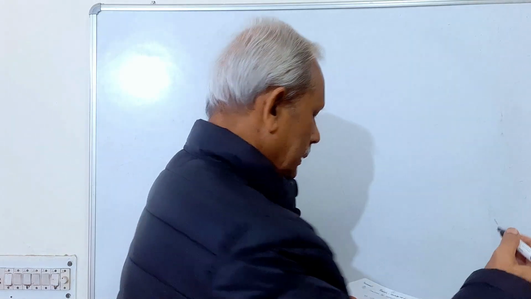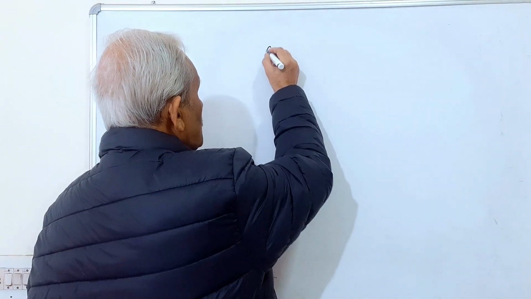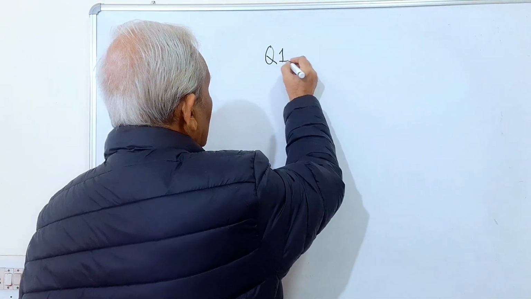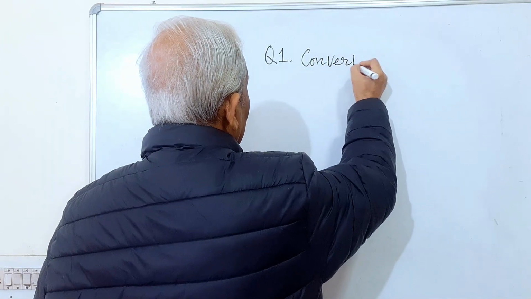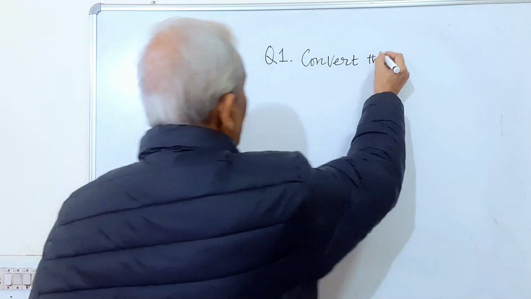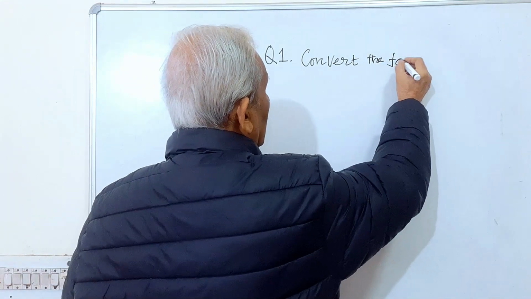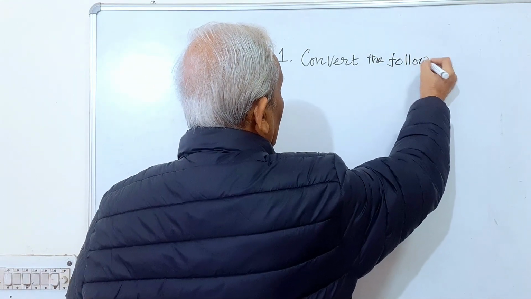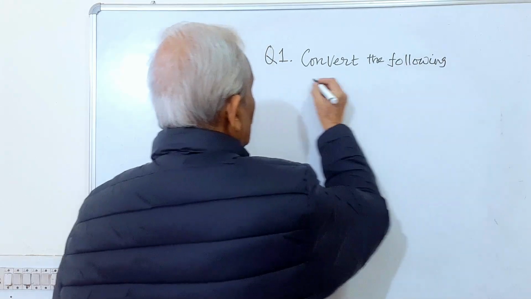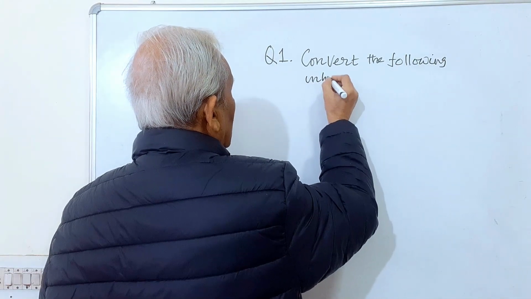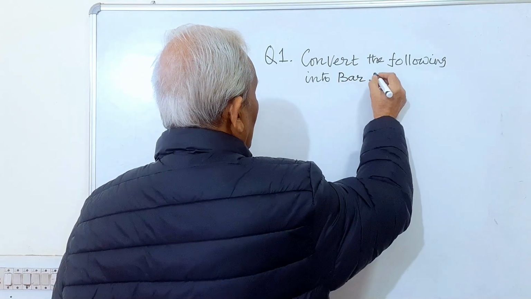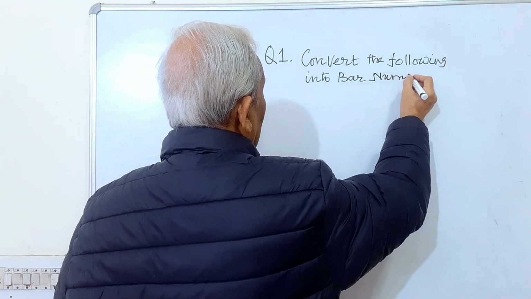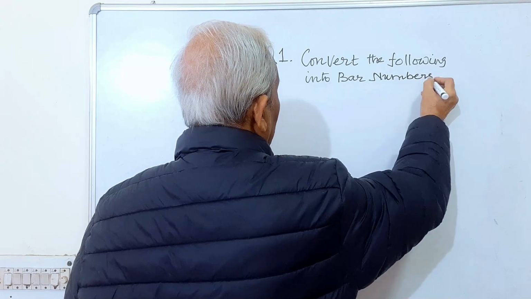The first question is question number 1. Convert the following into bar numbers. We have done bar numbers.